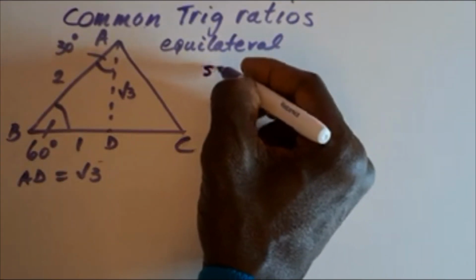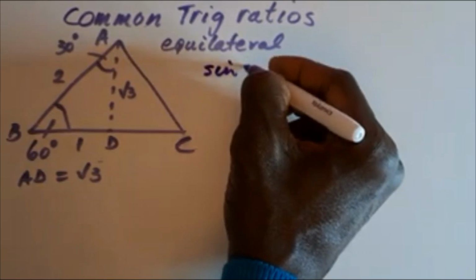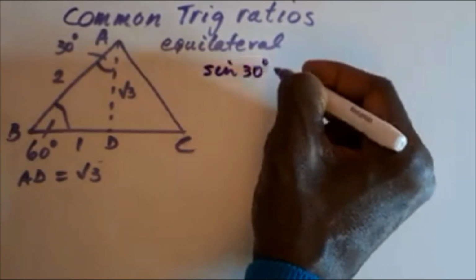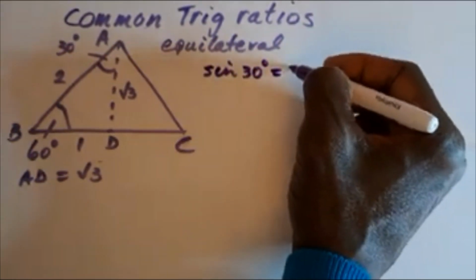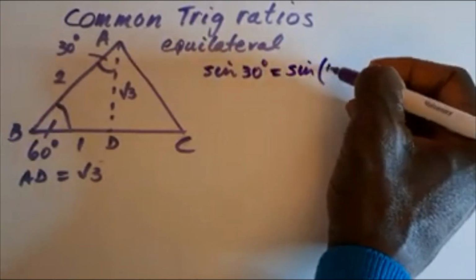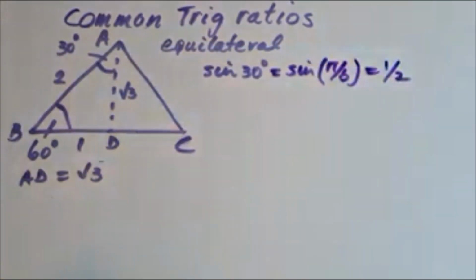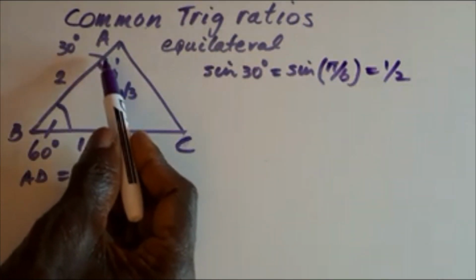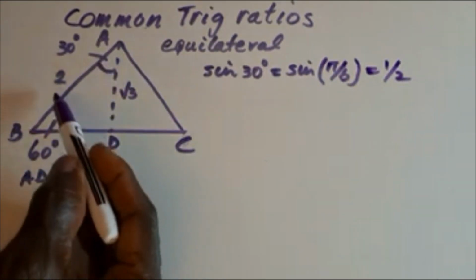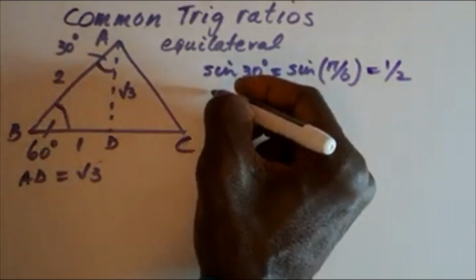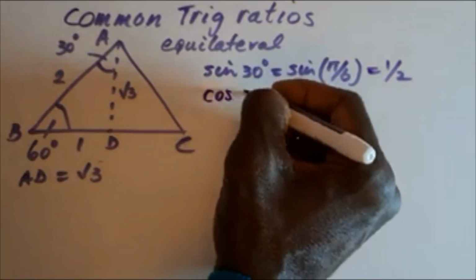We have sine 30 degrees. That's the same as sine in radians, pi over 6. This is equal to a half. Remember, this is sine 30, opposite side over the hypotenuse, 1 over 2. Next we have cosine 30.